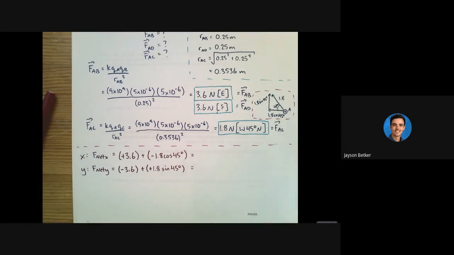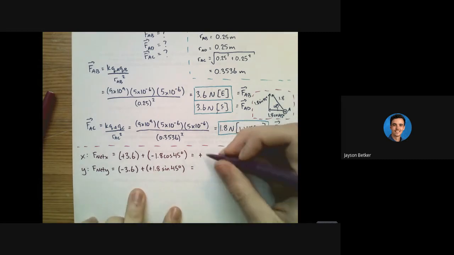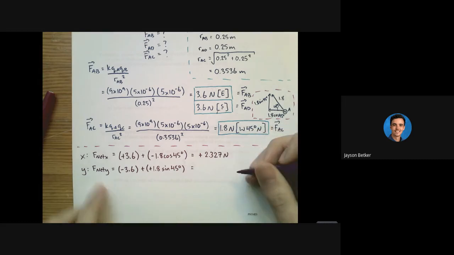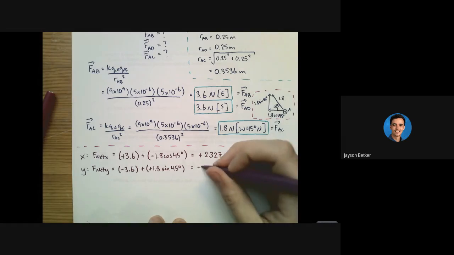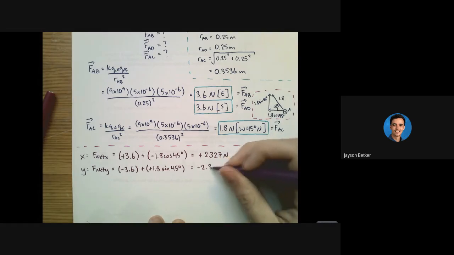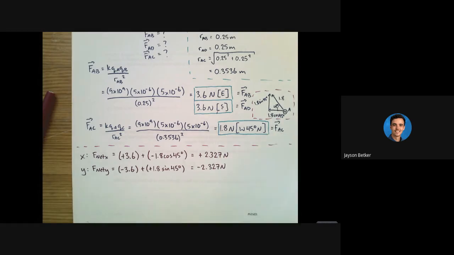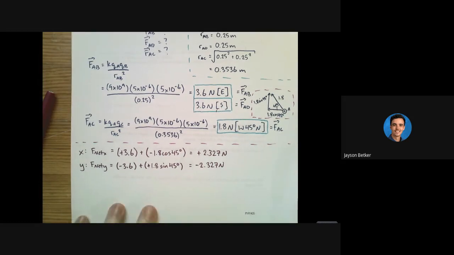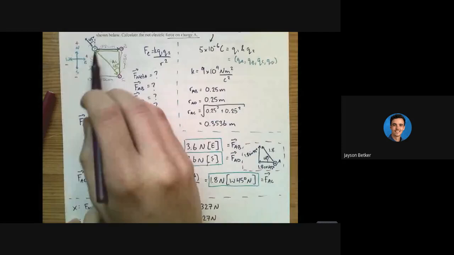So if I do both of those, what you're going to end up noticing is that for the top one you'll get positive 2.327 newtons. And for the y, you'll get negative 2.327 newtons. So all that's telling us is this positive and the negative are just telling us directions. And we've already decided on directions, east and south.